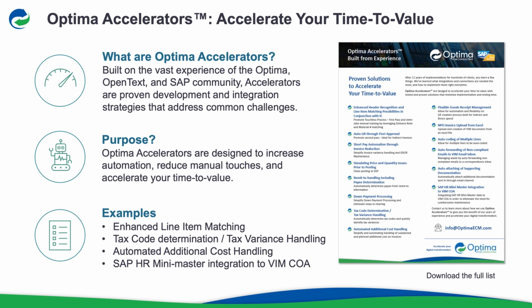Think of a European implementation and their VAT requirements that plays in nicely there. Additional cost handling is something that can also be very cumbersome to customers. So we have an accelerator that helps you automate how to manage additional costs, whether these are planned or unplanned.